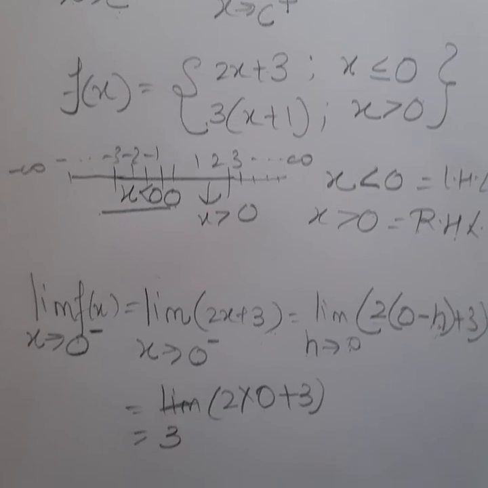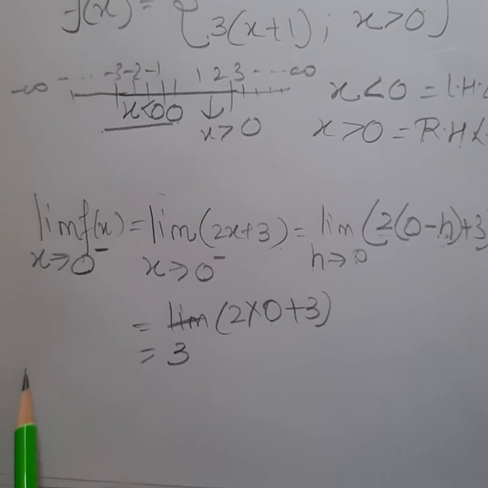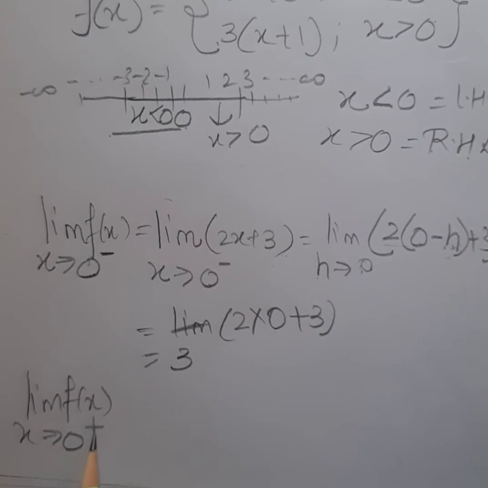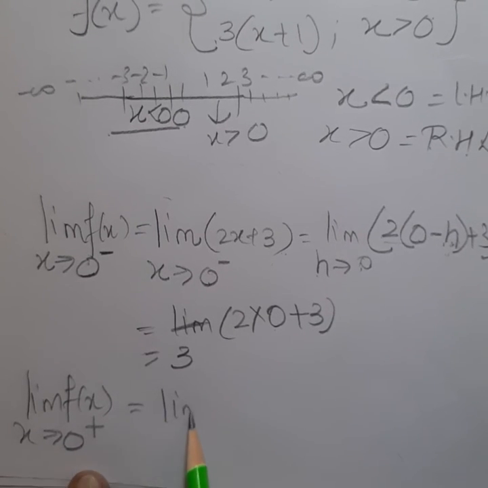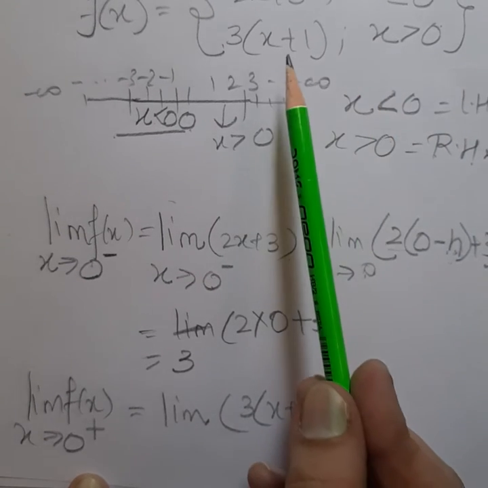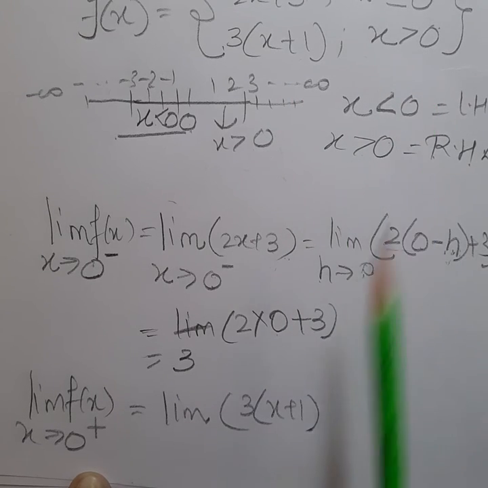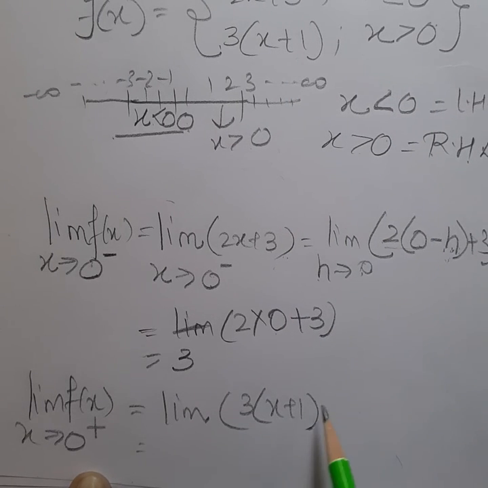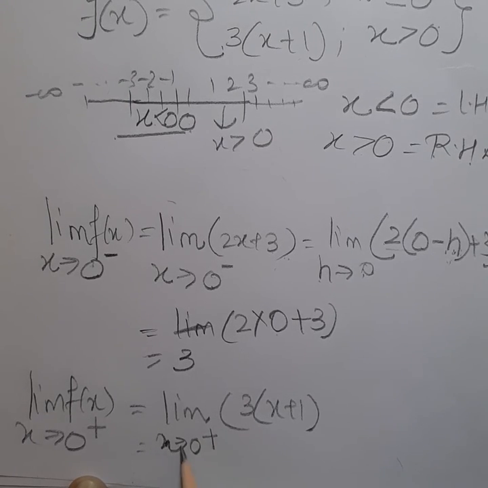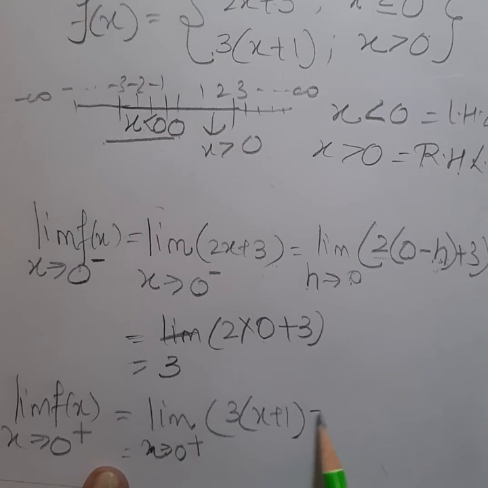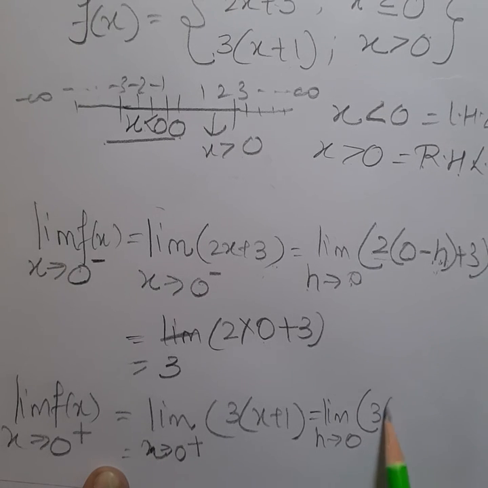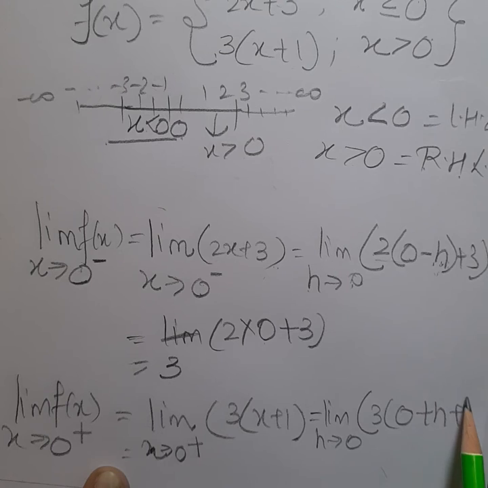Now if we talk about our right hand side, we write limit of f(x), x tends to 0 positive, and we write limit of 3(x plus 1), because now we take this function for the right hand side. After writing 0 positive, which indicates the right hand side, you write limit h tends to 0 of 0 plus h plus 1.